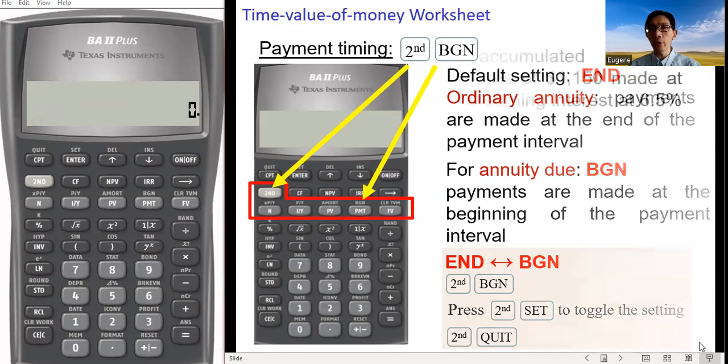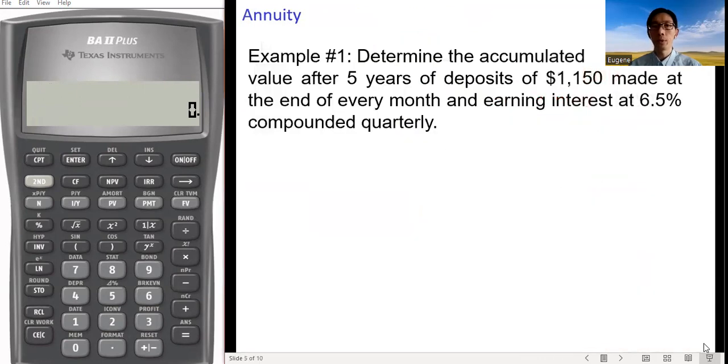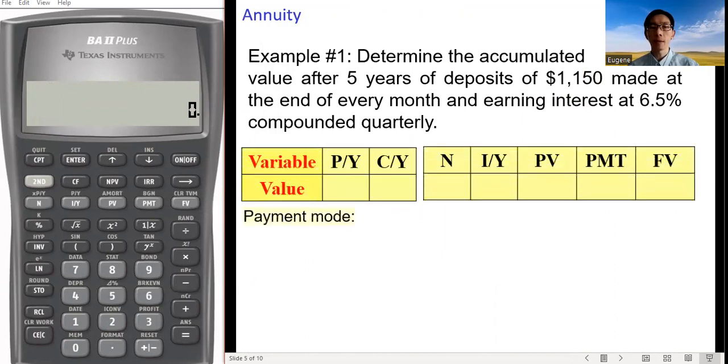Let's take a look at the first example. Determine the accumulated value after 5 years of deposits of $1,150 made at the end of every month and earning interest at 6.5% compounded quarterly. The value for PY.